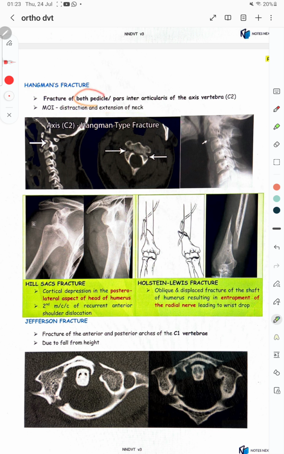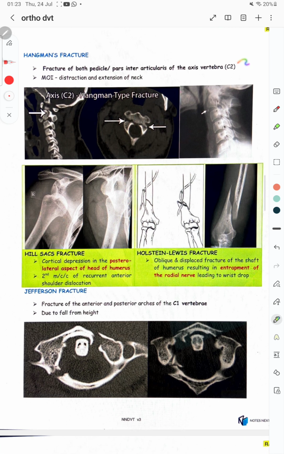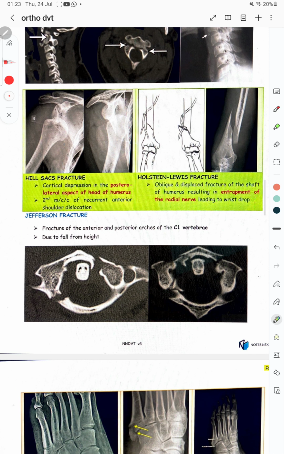This is C2, Hangman's fracture. So if a question is asked, in a case of hanging, which vertebra is involved? C2 vertebra is involved.